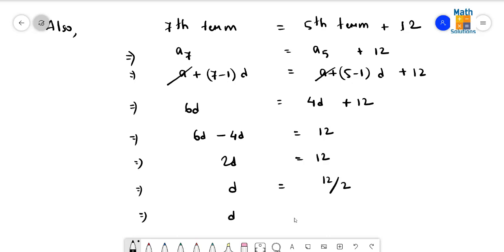So the value of common difference comes as 6, because 12 divided by 2 is equal to 6. So this is the answer for common difference.